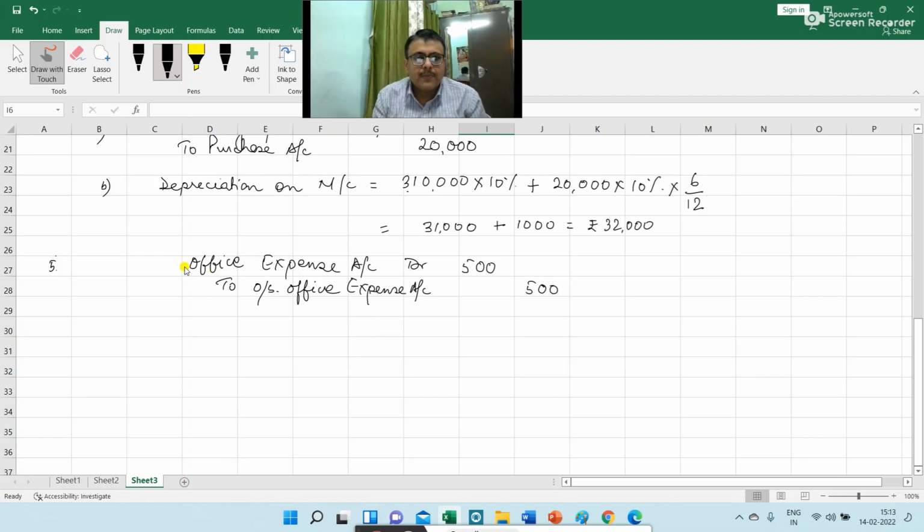So this is a nominal account, and you know that all the balances of nominal account will be transferred to profit and loss account, and this is a personal account. So personal account will be shown on the liability side of the balance sheet because this is an outstanding balance. So office expense account debit to office expense payable account or to outstanding office expense account.